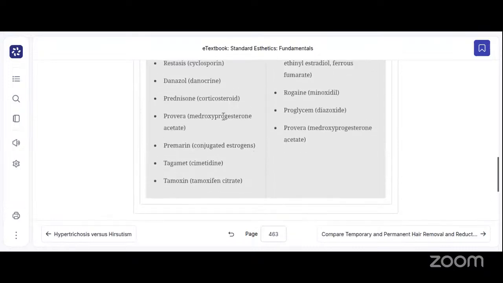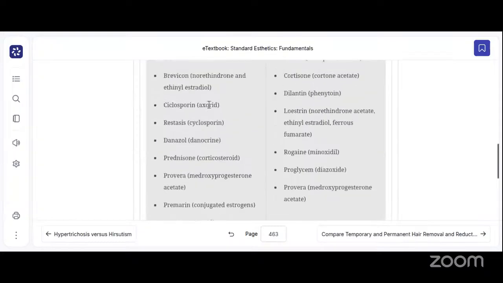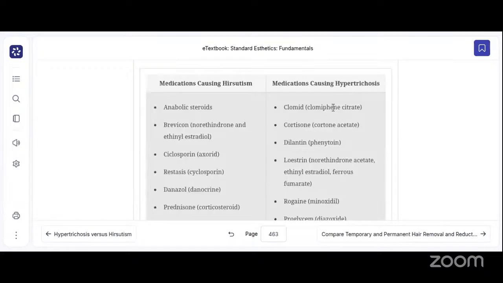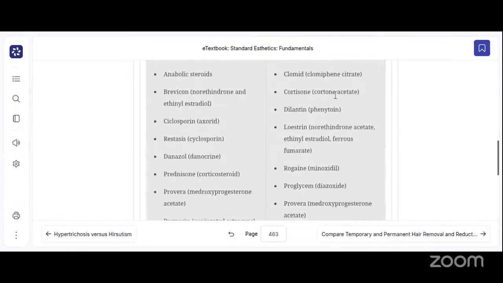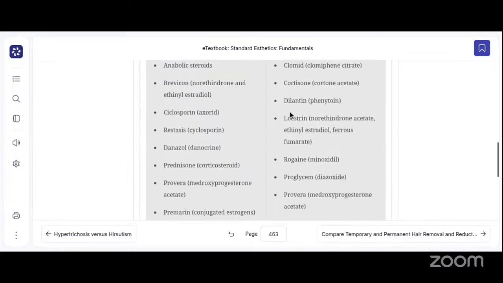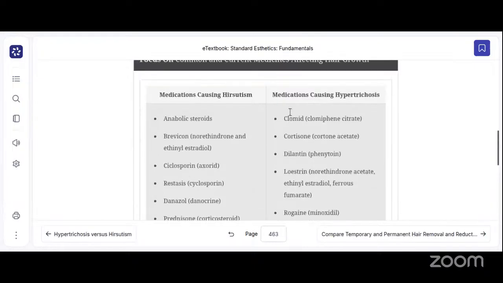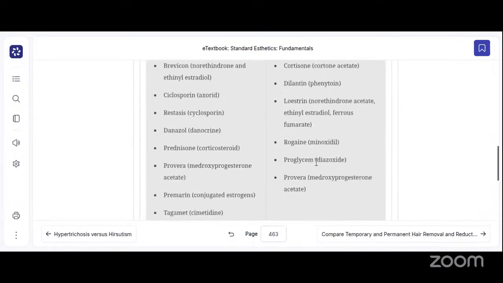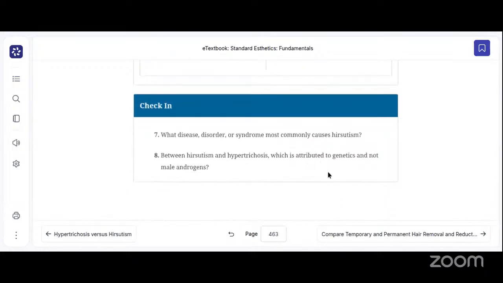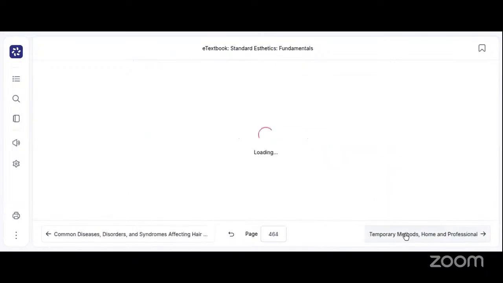Okay. Congestive heart failure medicines. Medications causing hypertrichosis. I even see Rogaine over here. Okay. Cortisols. Okay. So yes, we got some definitions and some homework to do. That's good.